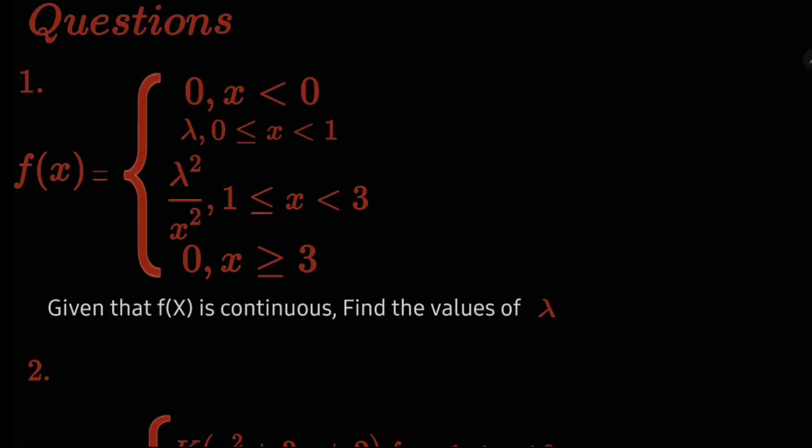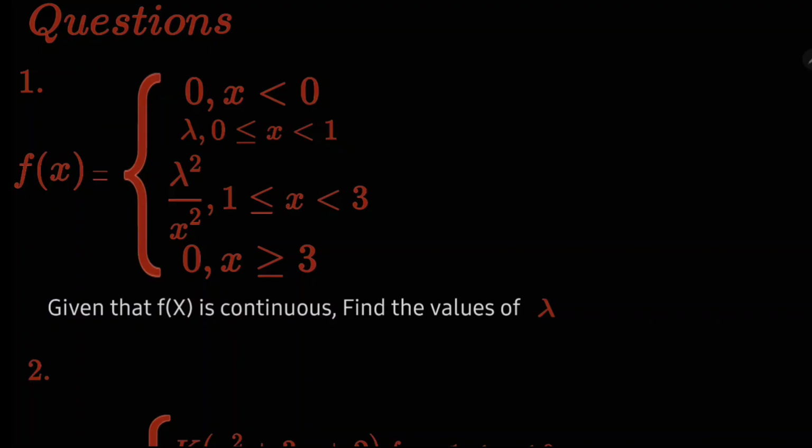Okay, here we are to find the values of lambda, but as you can see, we have different ranges with different definitions. So that already tells us that our lambda will have different values. And here also we have different points of continuity.